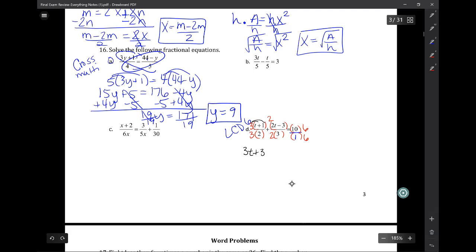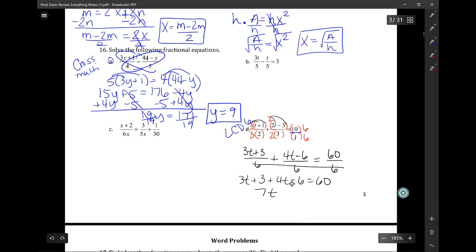All I did was distribute that over 6, plus 4t minus 6 all over 6 is equal to 60 all over 6. They have common denominators. So if all the denominators are miraculously the same now, which they should be in theory, I drop my bases. And so now I can just solve this like a normal equation.